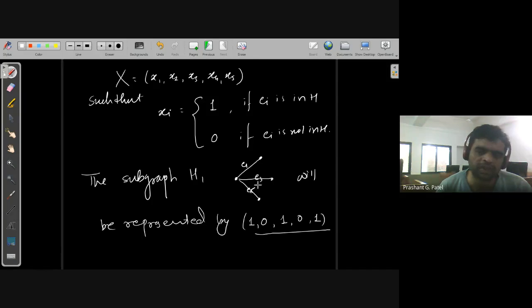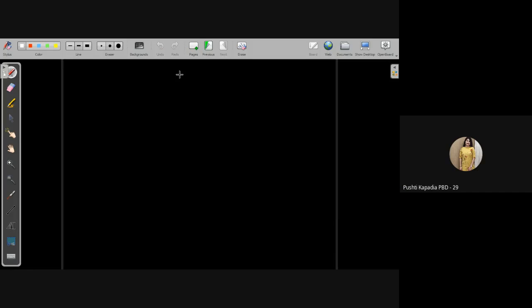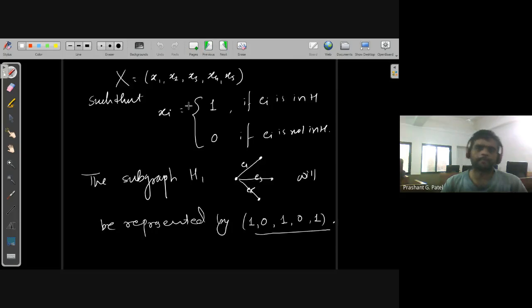So how many possibilities are there of this 5 tuple? 2 to the 5, I guess. Why? The vertices remain the same, just the combinations of edges you need to consider.